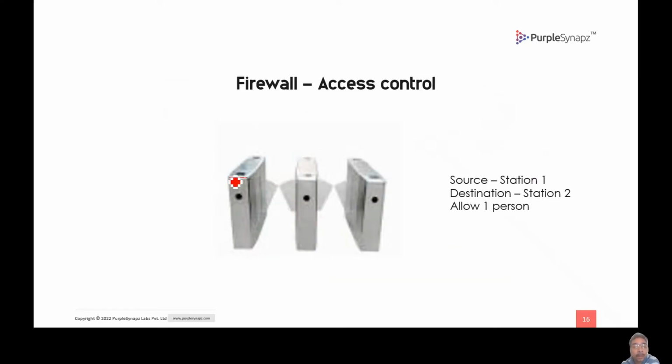Now have this picture in your mind. And I'm sure that you would have seen this somewhere. This is an automated gate, mostly found in train stations and metro railway stations. And what happens is that when somebody comes here and he or she has an authorization to pass through, this gate opens and he or she can pass through this.